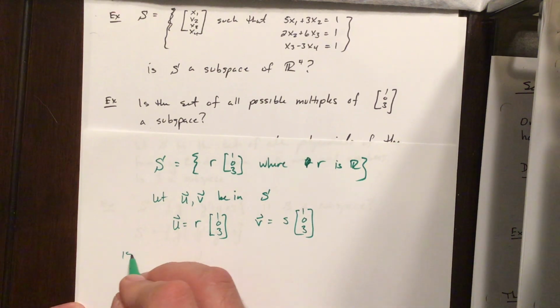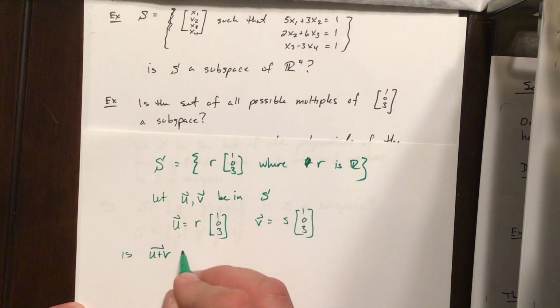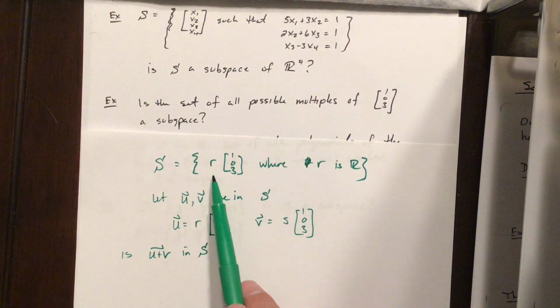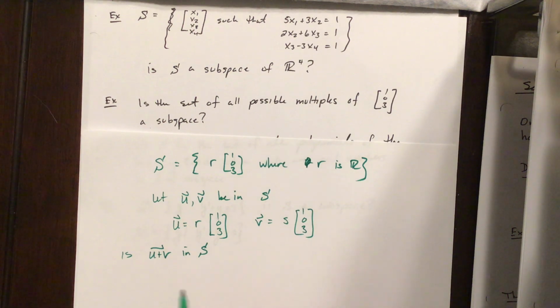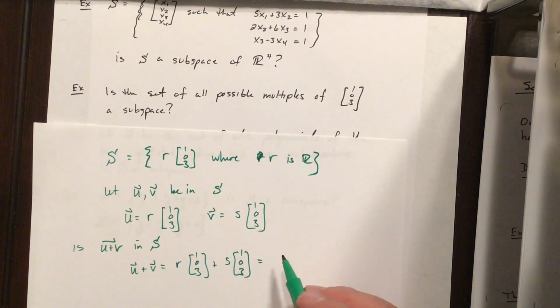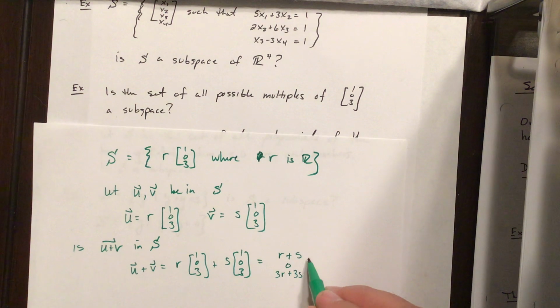So, question: is u plus v in S? That means, is u plus v some scalar times the vector (1, 0, 3)? What is u plus v? It's r times (1, 0, 3) plus s times (1, 0, 3), which gives us (r plus s, 0, 3r plus 3s).